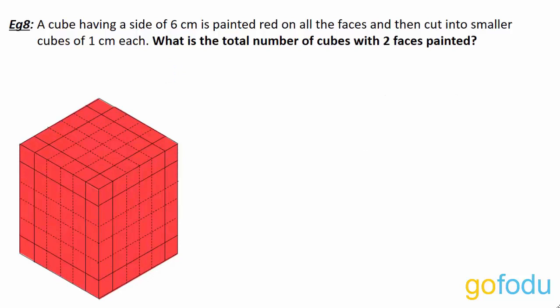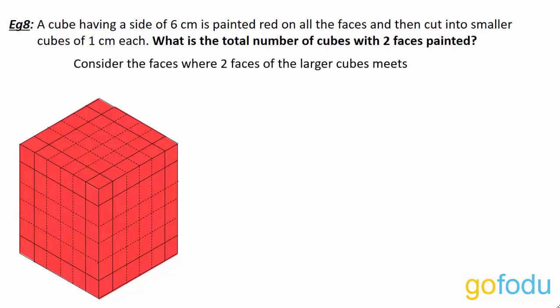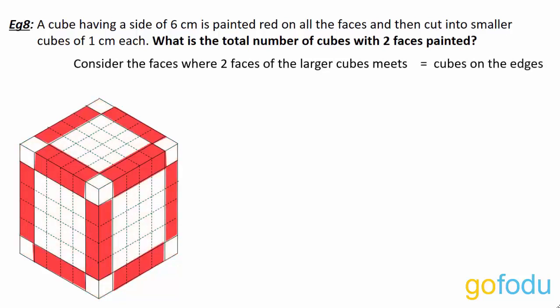Cubes with 2 faces painted. For this, we have to figure out the cubes where 2 faces of the larger cube are meeting. 2 faces of the larger cube meet on the edge. Here we can observe that all the smaller cubes that are present on the edges have 2 faces painted.